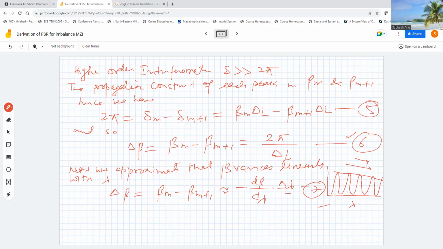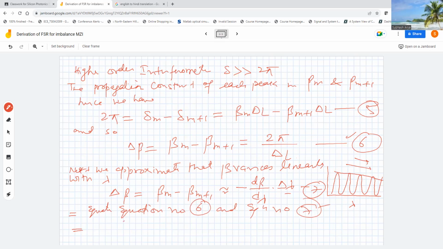And delta lambda is your FSR. So we can write from here that we just equate equation number 6 and equation number 7, since both are for delta beta.